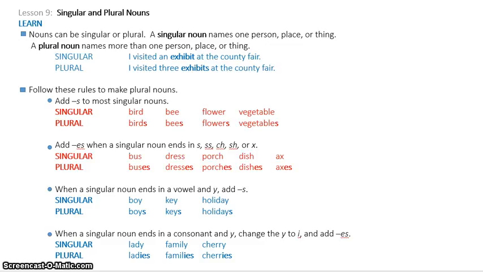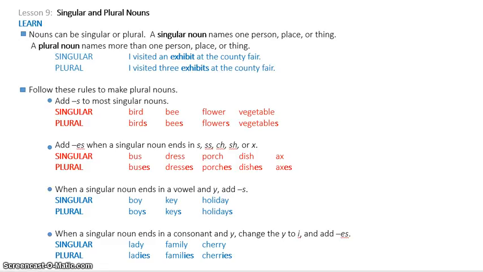Add ES when a singular noun ends in S, SS, CH, SH, or X. If I have the singular noun bus, I am going to make it buses and just add an ES.